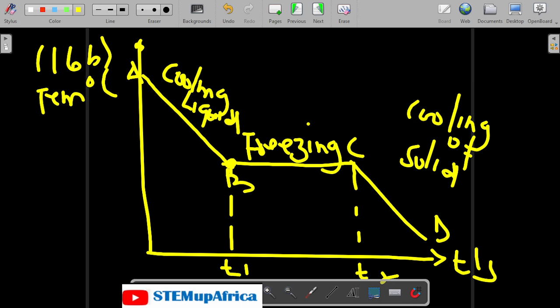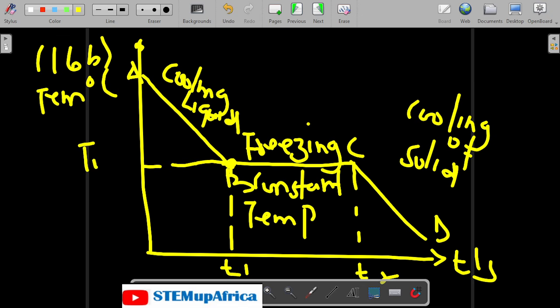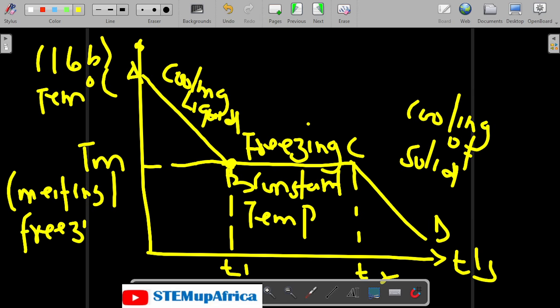So B to C takes place at constant temperature. Here, let's call it Tm, which is our melting slash freezing temperature.